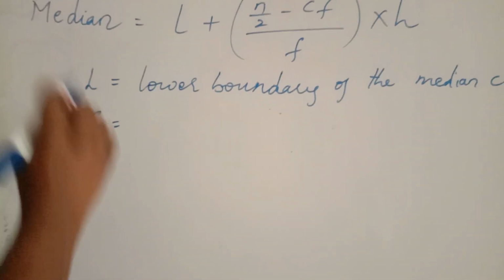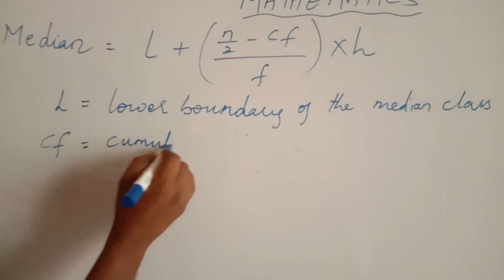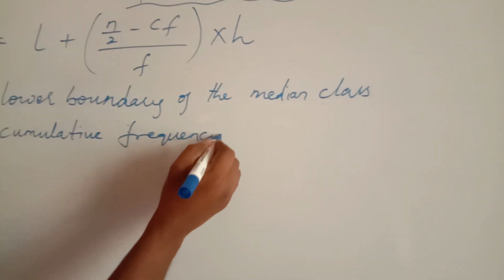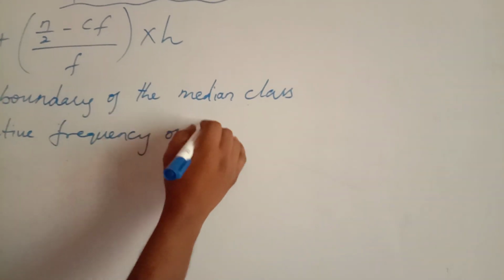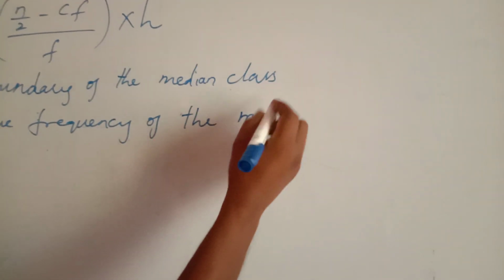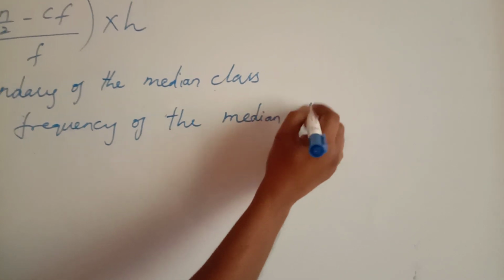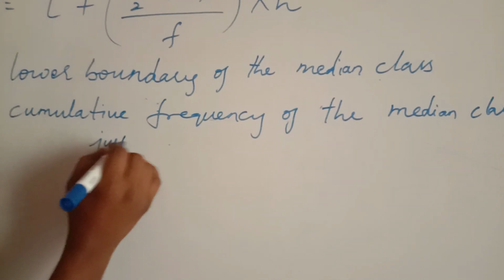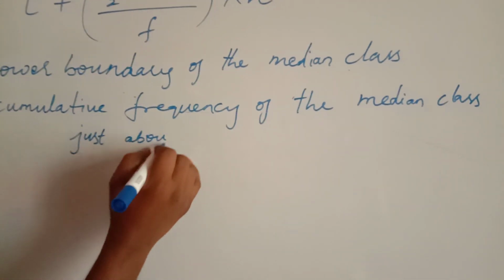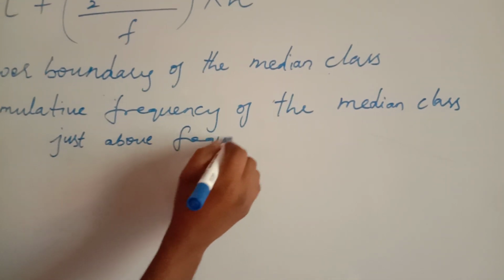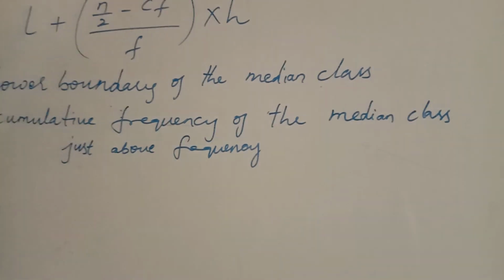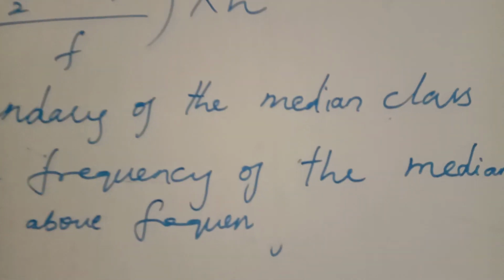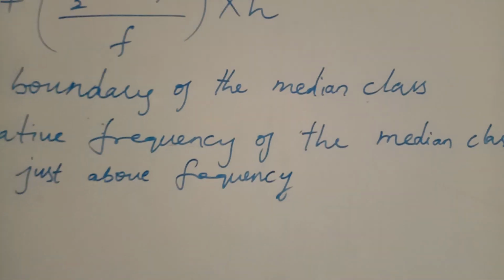Cf is the cumulative frequency of the class just above the median class.